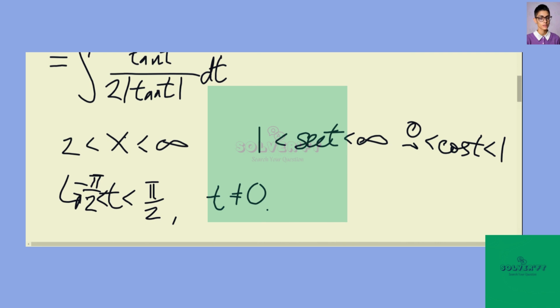Now, if t lies between negative pi over 2 and positive pi over 2, it's not really clear exactly what the sign of tangent t is going to be.